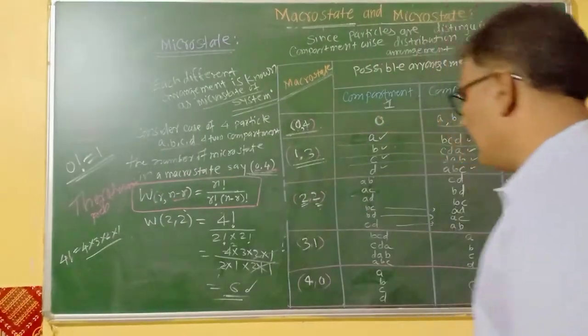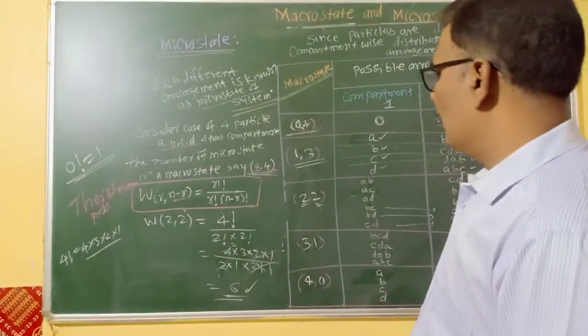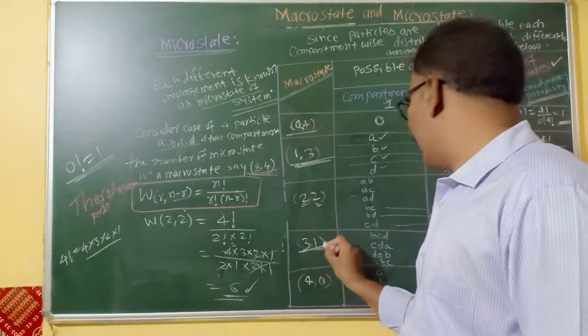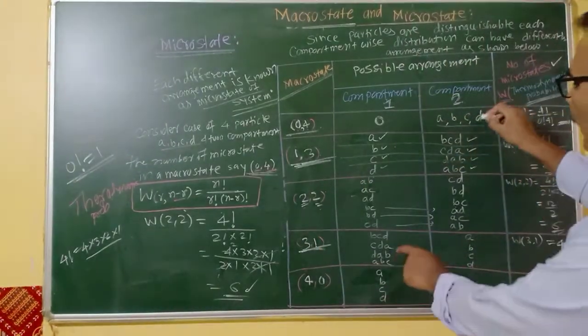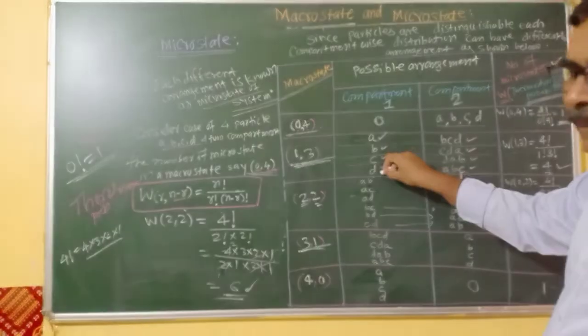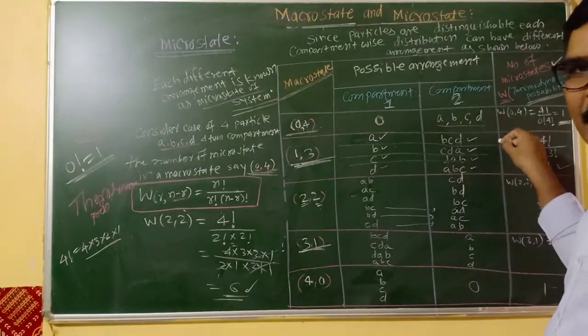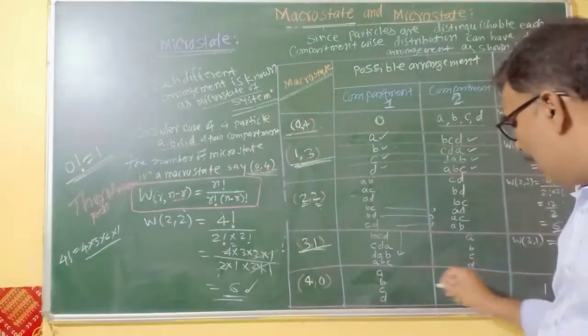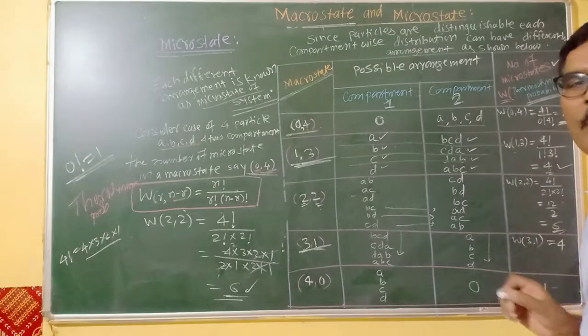And then lastly, we have to consider the case for 1 3 के लिए और 3 1 के लिए सेम रहेगा. 1 3 के लिए क्या होगा? ये सिर्फ रिप्लेस करना है. 1 3 के लिए क्या था? A, B, C फर्स्ट कंपार्टमेंट में थे. रिमेनिंग इधर थे. अब रिमेनिंग इधर आएंगे और A, B, C, D कंपार्टमेंट नंबर 2 में जाएंगे.